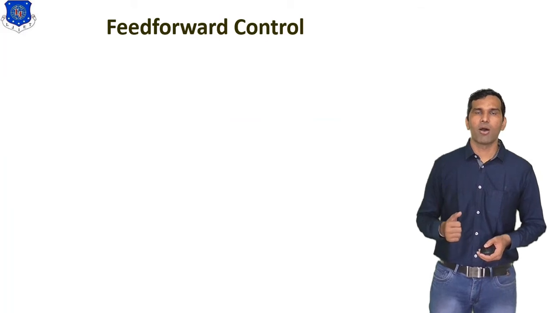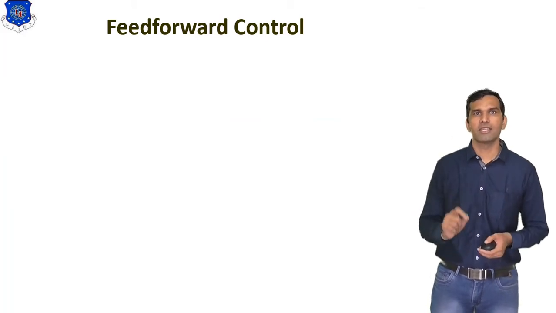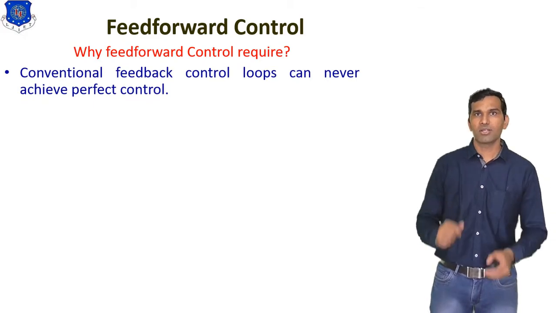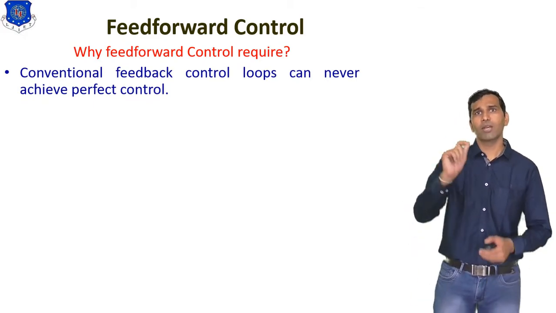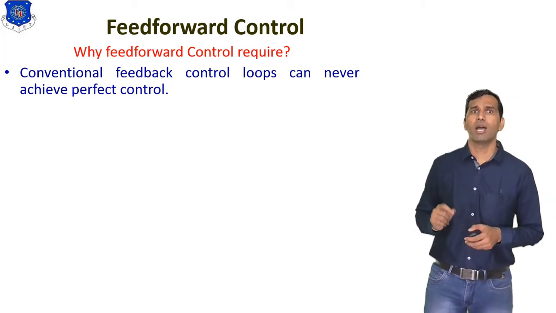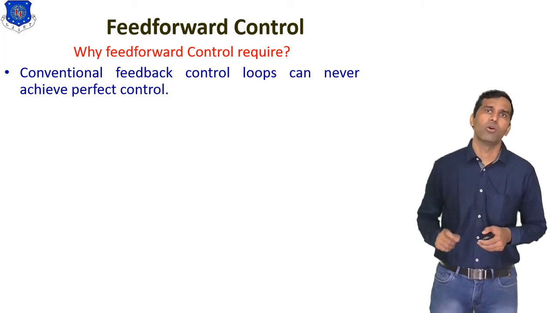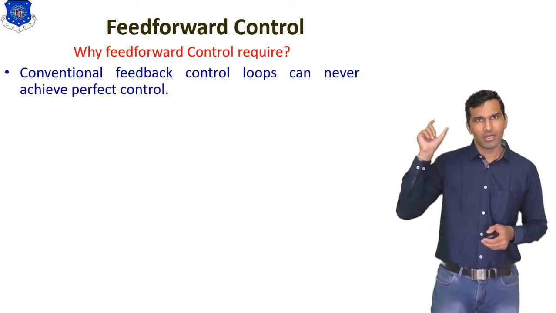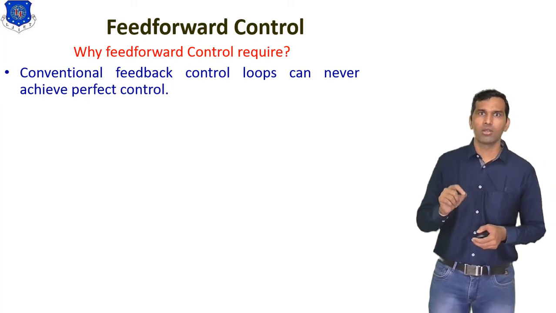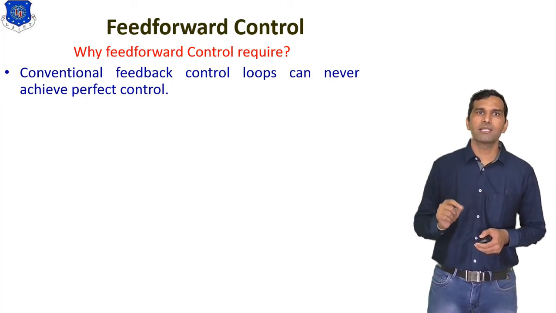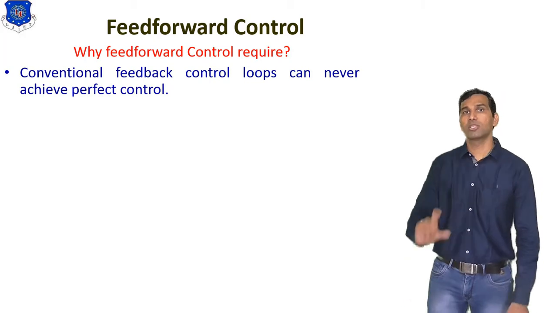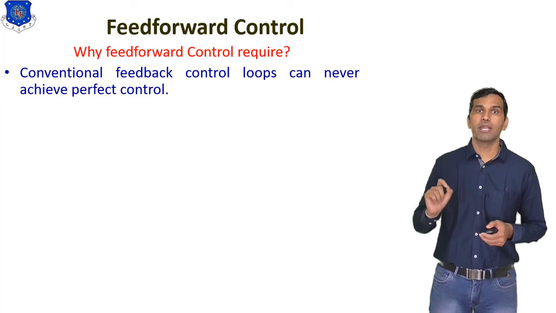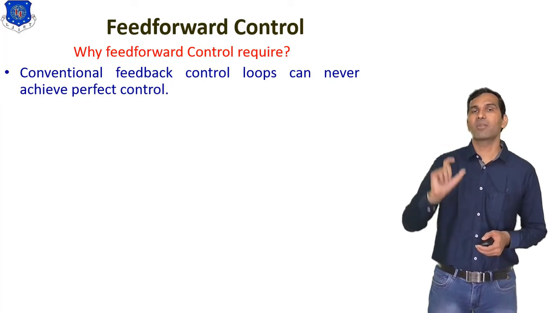Now we discuss the second control system, that is the feed-forward control system. First we understand why we require this system, that means why we require it alongside feedback control. The conventional feedback control loop can never achieve perfect control.